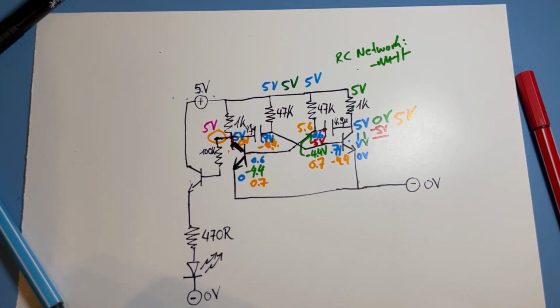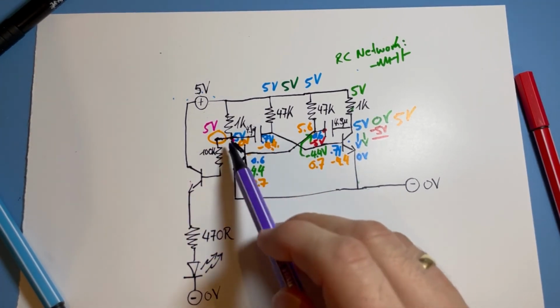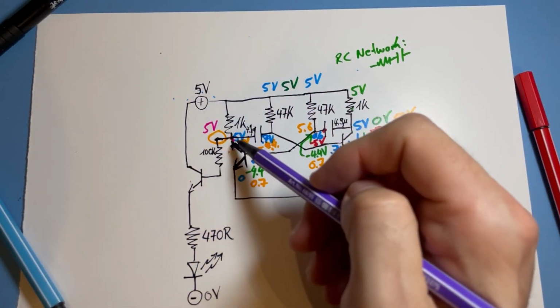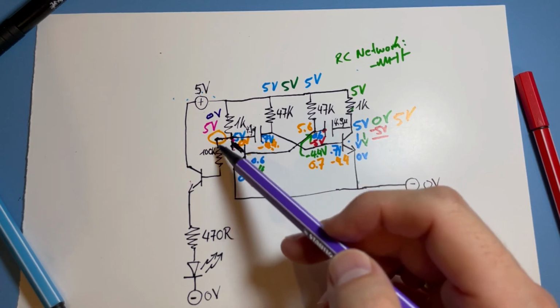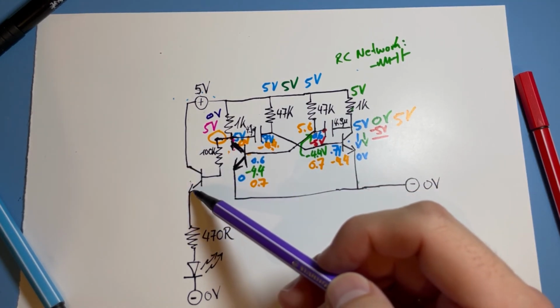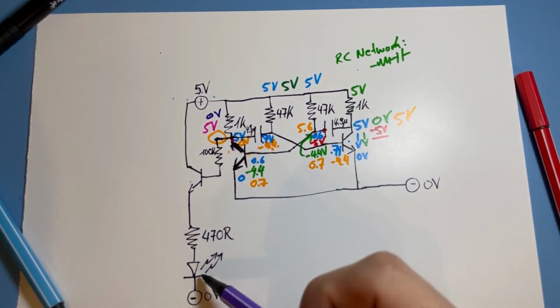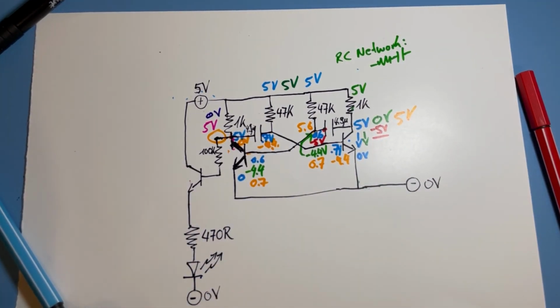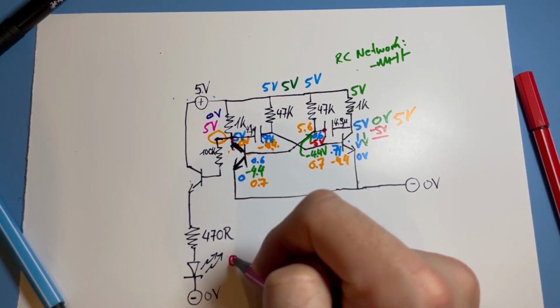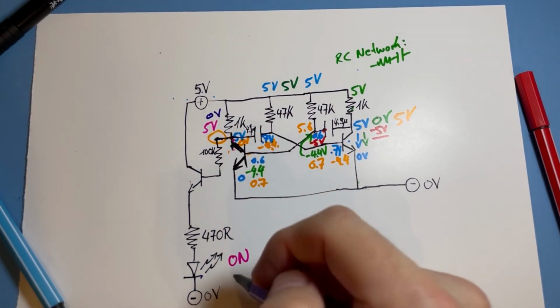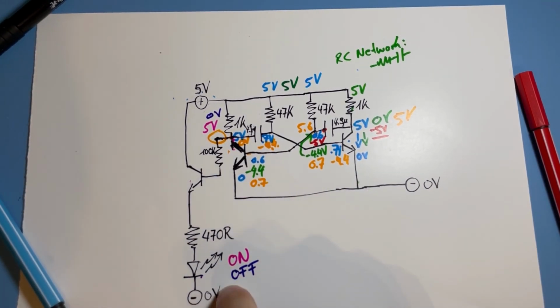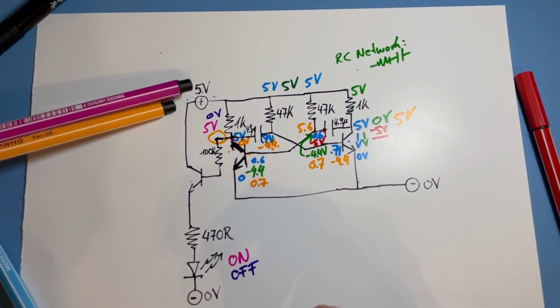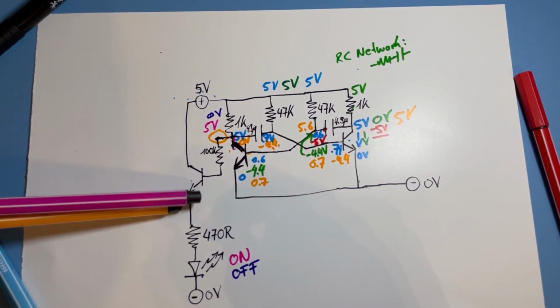But if there's a change in this transistor game to the left side, once this is conducting, we have here 0 volts. If there's 0 volts, then there's 0 volts at the base. This transistor is not conducting, so there's no current flowing through here, and then this LED is off. So it's the whole game of this LED being first on, and then off. And so at the output you have on, off, or 5 volt, 0 volt, 5 volt, 0 volt.